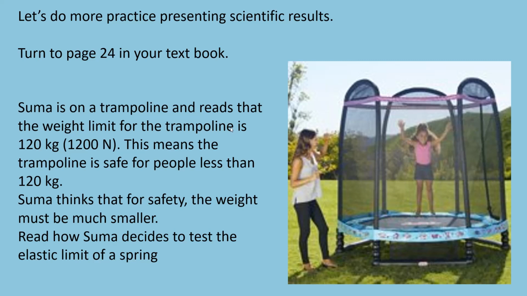If we just increase the mass so it will pass the elastic limit, the trampoline will spoil. How will it spoil? It will lose its elasticity. What is the meaning of elasticity? It's that when you elongate something, it means that you stretch it.